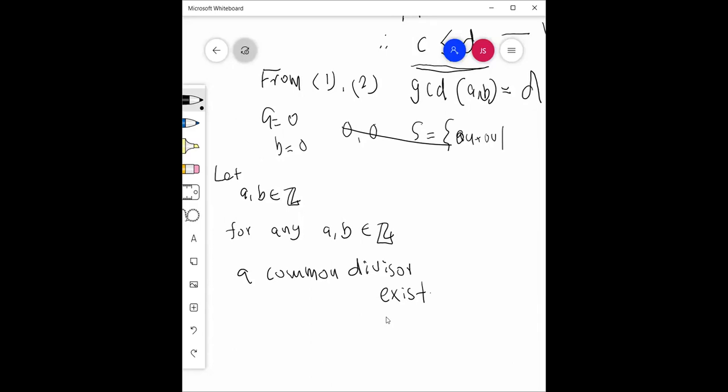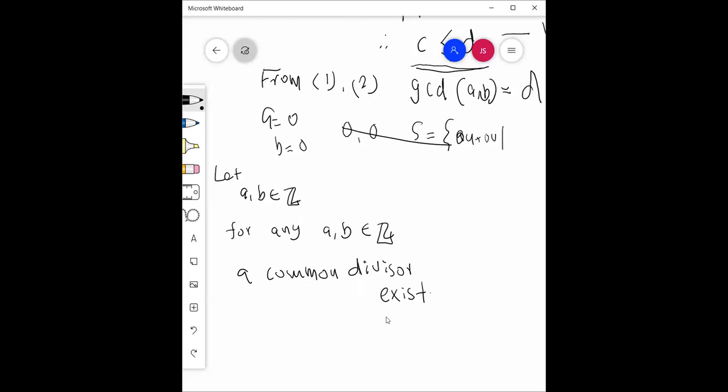Now the next question is, so we know that if you choose any two integers, at least two different common divisors exist. Now what is the limit?